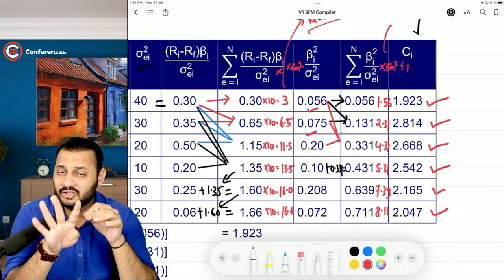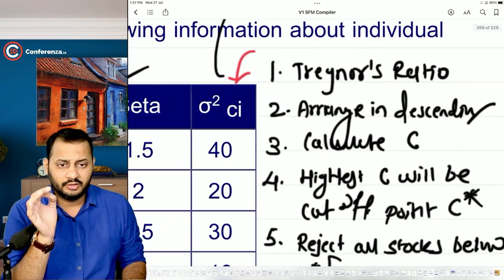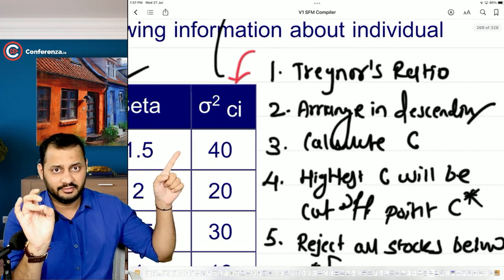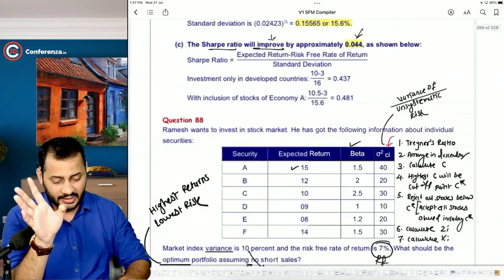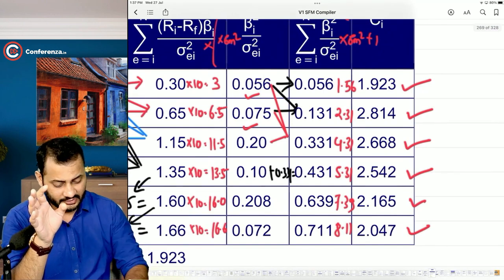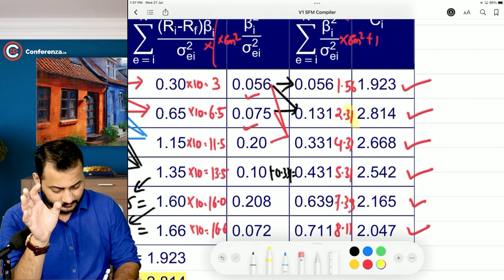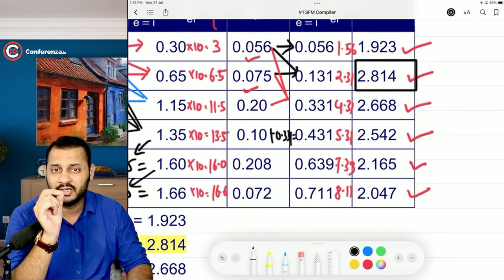Now, this is the third step that we have completed. See, we have completed the Treynor ratio. We have arranged it in the descending order. We have calculated the value of C. Now, the highest C will be the cutoff point and marked as C asterisk. So, find out the highest value of C in this. Can I say this is the highest value of C? 2.814, because all the other values are below 2.814.